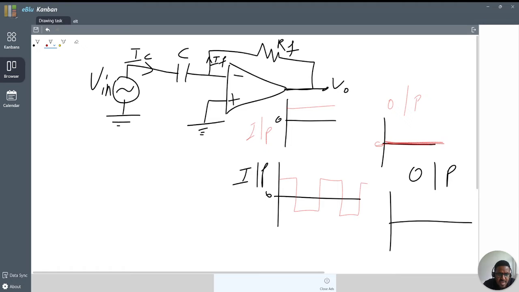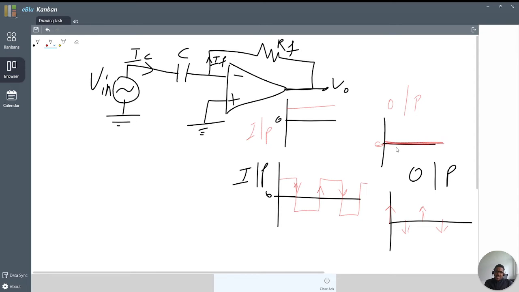That means with the fast rising time of this input, we get a spike-type output at the fast timing transition. So what does this mean?